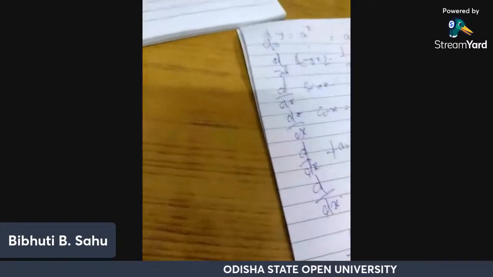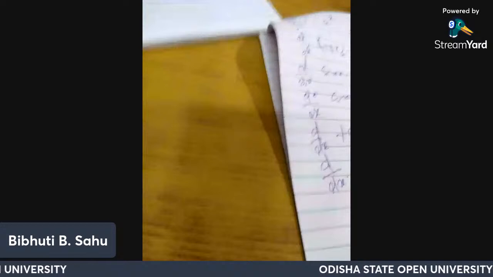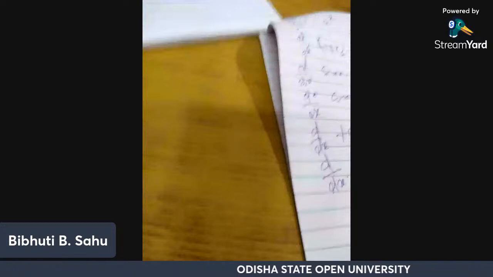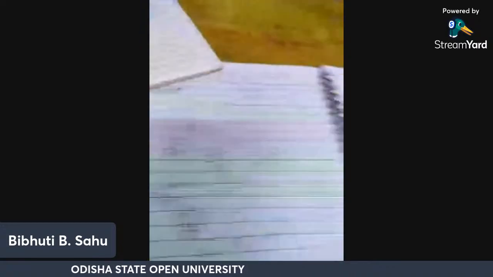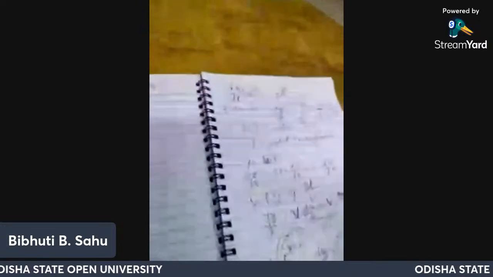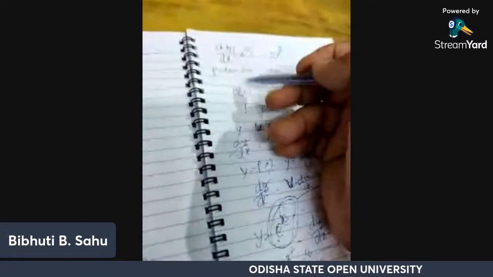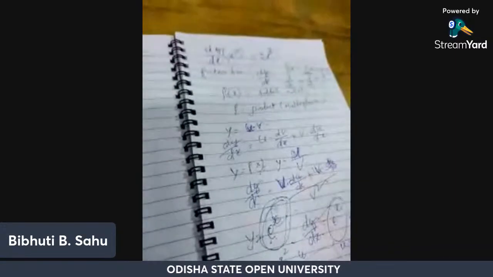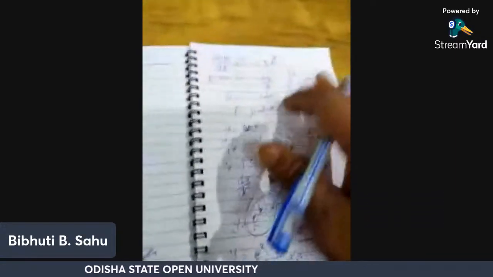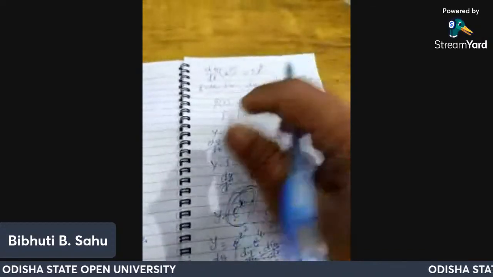So we can find out the derivatives or differentiation of addition or subtraction by taking the derivatives of individual items.